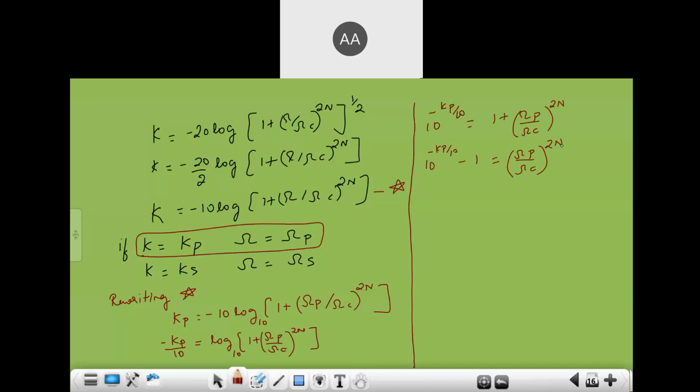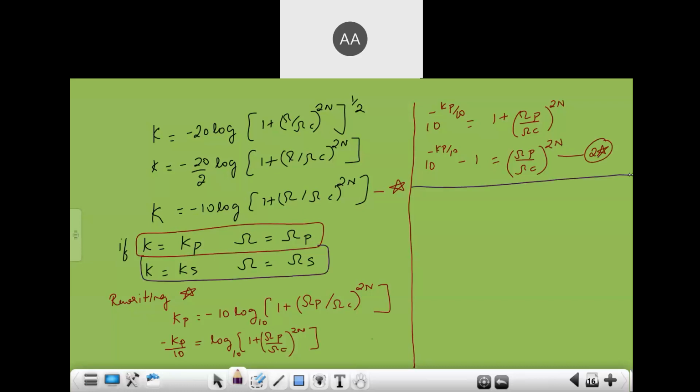So keep this equation. I'll call it the second star equation, with the first being equation 1, star. So now I will do this. K is equal to ks I will substitute and find out the next one.